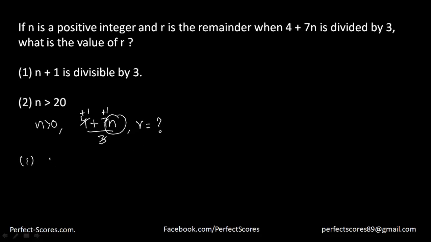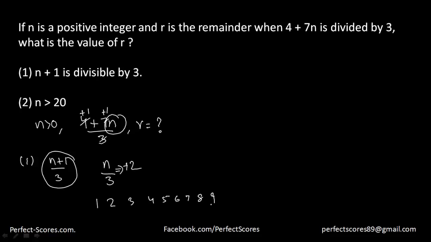First statement says that n plus 1 is divisible by 3. So if n plus 1 is divisible by 3, that means if I divide n by 3, the remainder is going to be equal to plus 2. Because 1, 2, 3, 4, 5, 6, 7, 8, 9. If I draw this number line, these numbers would correspond to n plus 1.